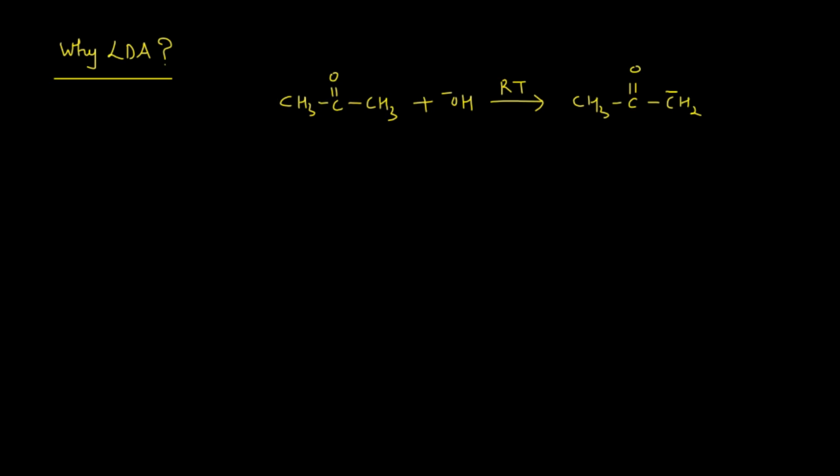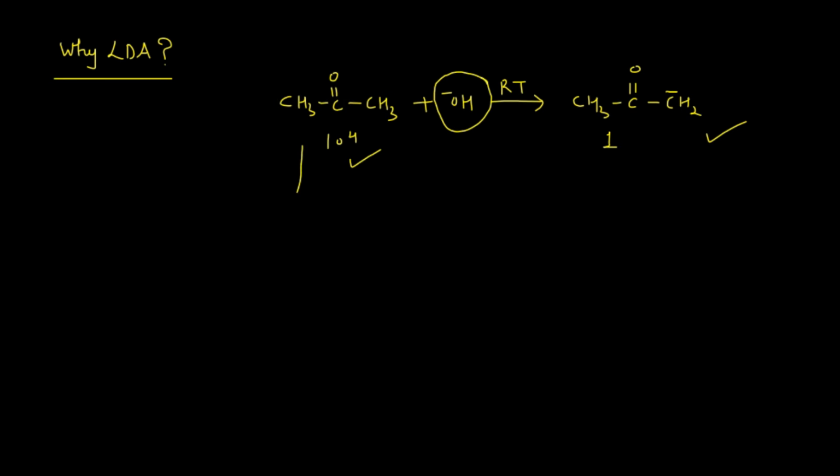What will happen in that case? If you have taken 10 raised to the power 4 parts of acetone, then out of this only one part will be converted into the enolate while using OH negative.